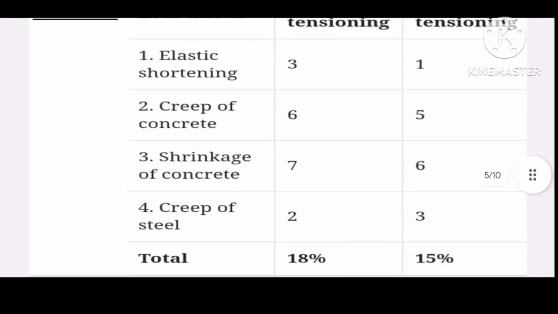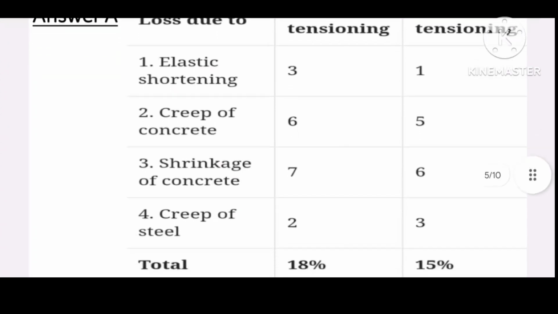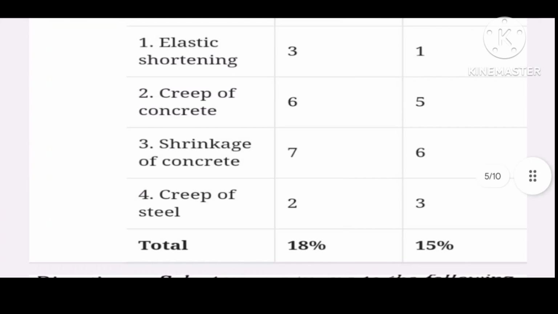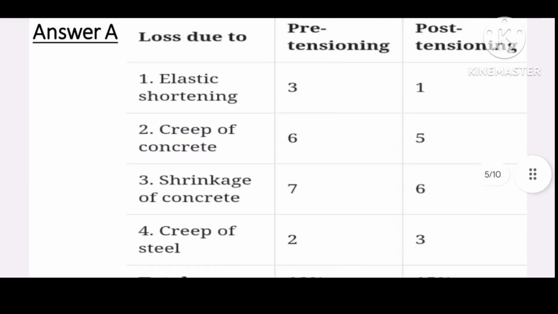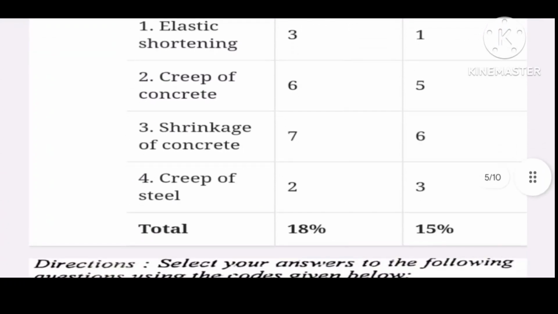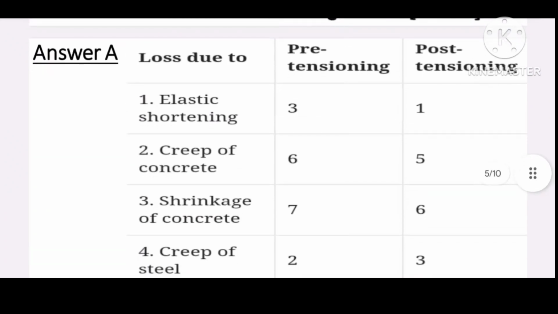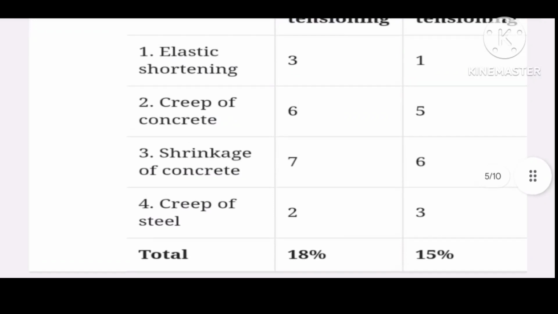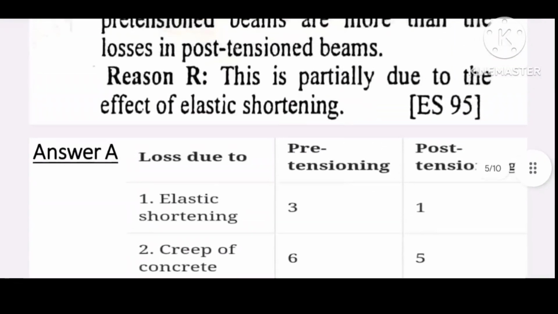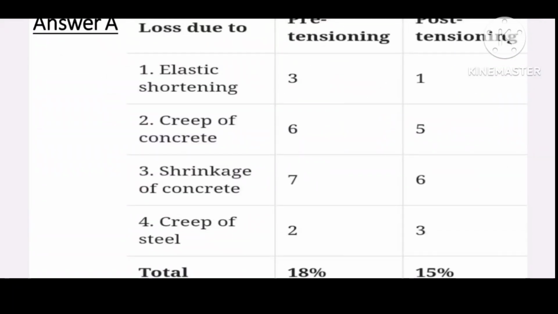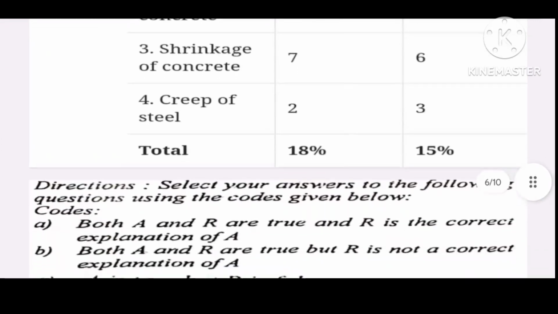Next is shrinkage of concrete, 7% and 6% in case of post-tensioning. And next is creep of steel, pre-tensioning 2% and post-tensioning 3. Therefore total 18% in case of pre-tensioning, and for post-tensioning 15%. So losses in pre-tensioning are more than post-tensioning.